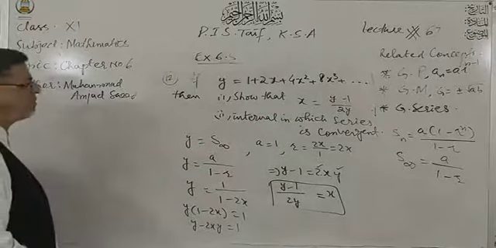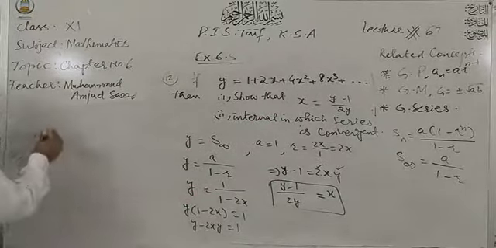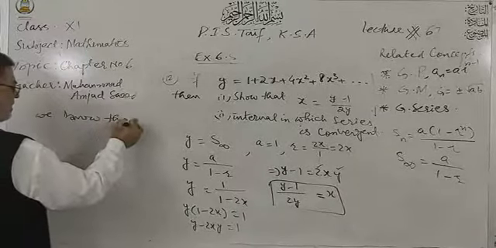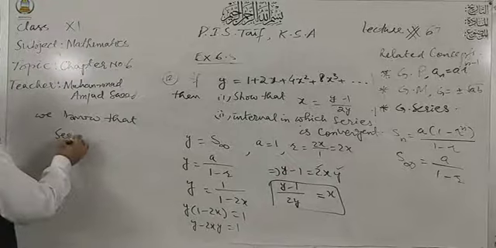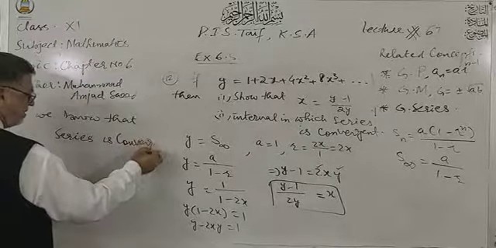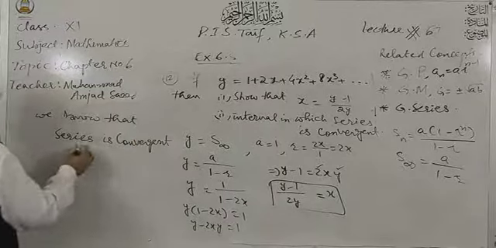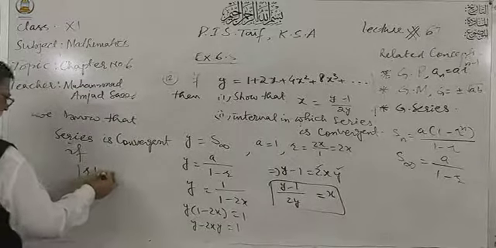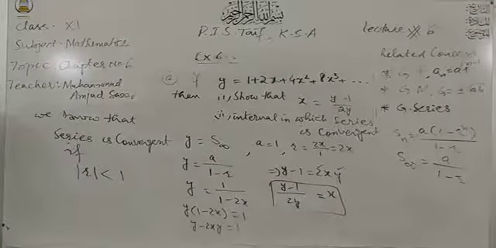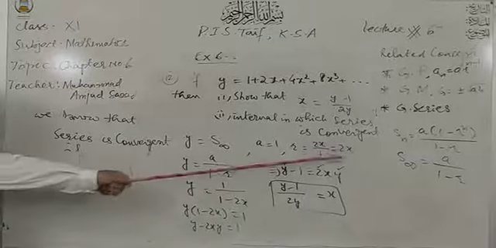After that, we have to find the interval. We know that the series is convergent if mod r is less than 1. And you know that r is 2x.